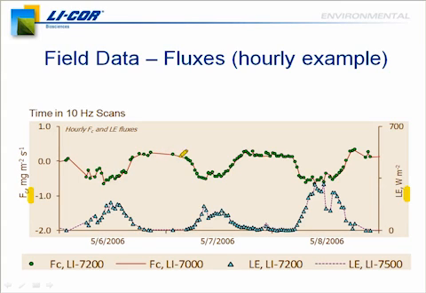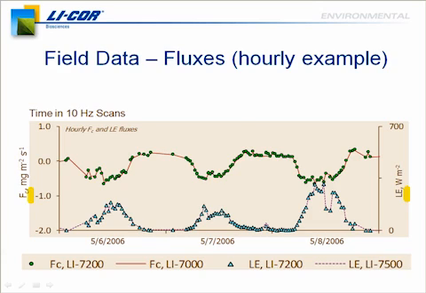The green circles are from the 7200 and correspond to the left axis as well. You can see that they lay right on top of each other. The bottom dashed magenta line is for H2O fluxes, or LE, measured with the LI-7500. The blue triangles represent H2O data collected with the LI-7200. Again, you see the water fluxes correspond to the right-hand axis, and all the data points are right on top of each other.